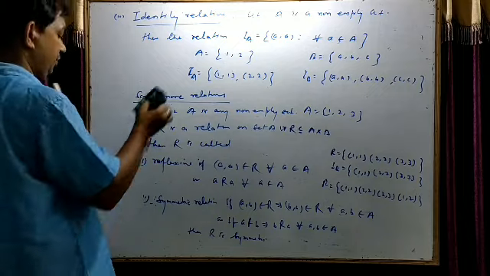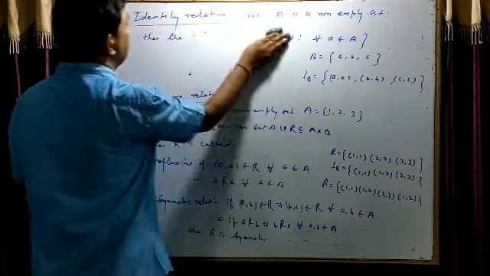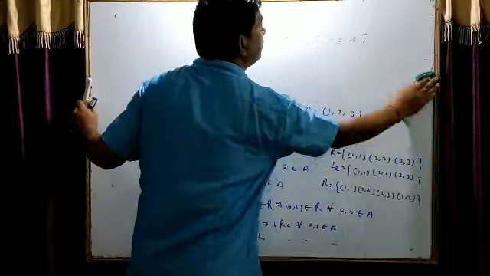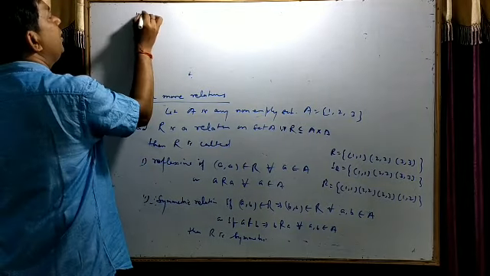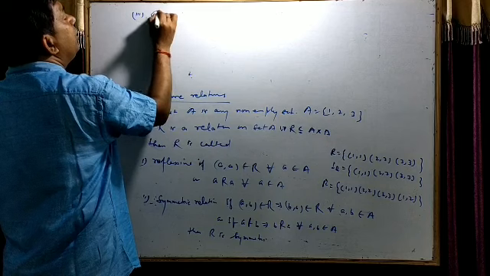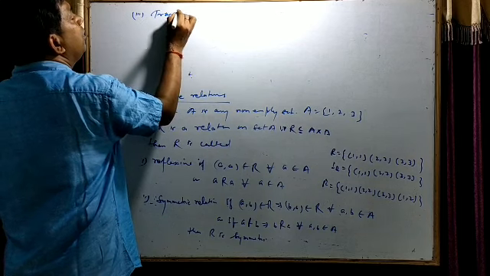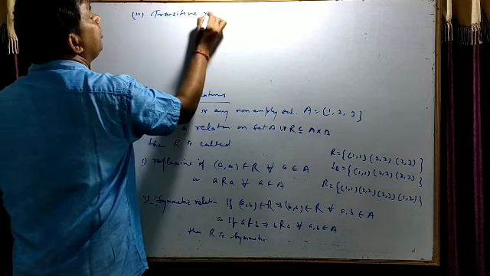Now the third is transitive. It is called a transitive relation.